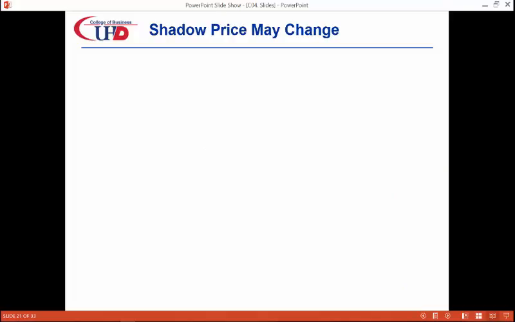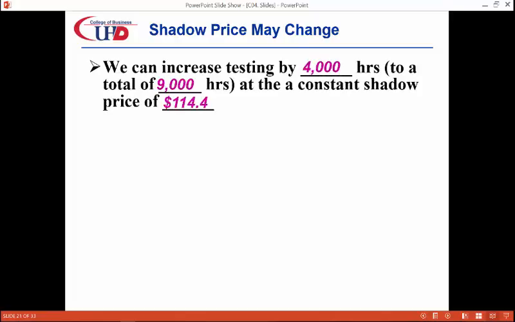So here is the conclusion from the sensitivity analysis on testing capacity. Each additional testing capacity hour will improve the profit by the shadow price of $114.40 as long as the testing hour expansion is within 9,000 hours.